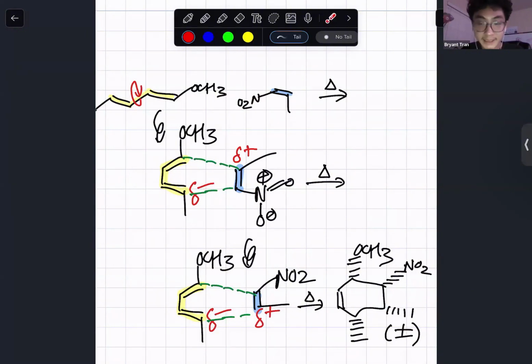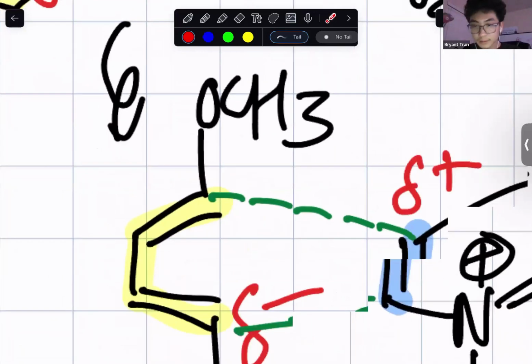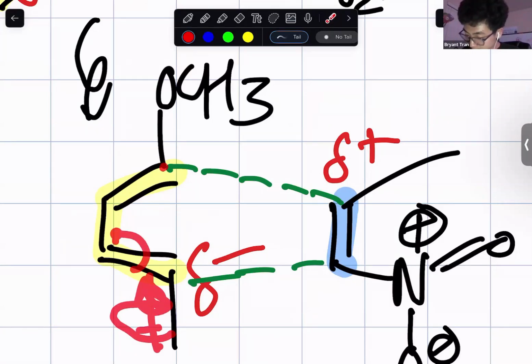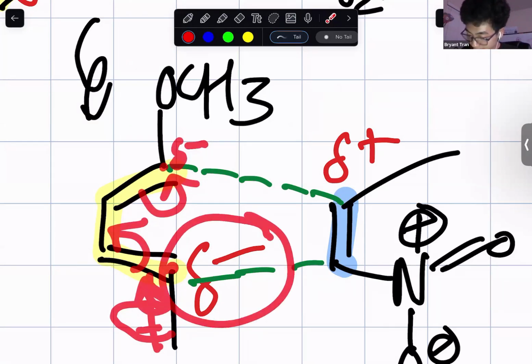In question, is the methyl an EDG? Yes, the methyl is an EDG. This carbon here does have a negative charge, because the methyl is an EDG, so if it donates electrons into the system, this carbon would also have a negative charge. But it would be a very small negative charge compared to the negative charge down here, because this OCH3 is a stronger EDG than the methyl group.